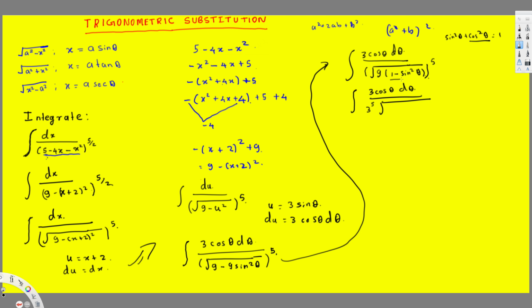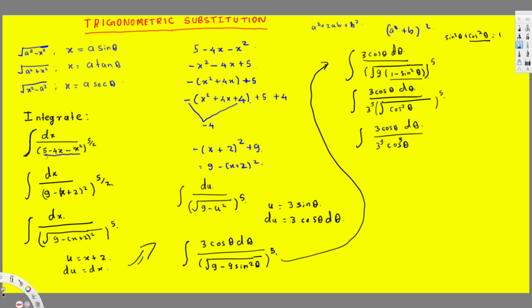I am plugging in cos square theta instead of this. Now we can completely get rid of this square root. So this is going to be 3 cos theta d theta over 3 power 5 cos theta, and this is power 5, right? Power 5, so this is going to be cos power 5 theta.